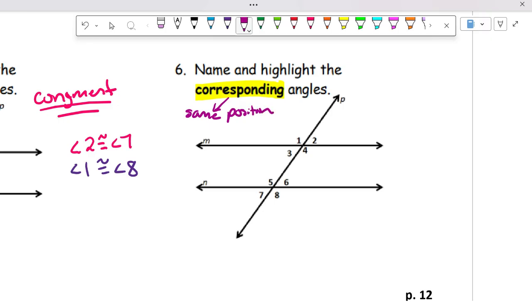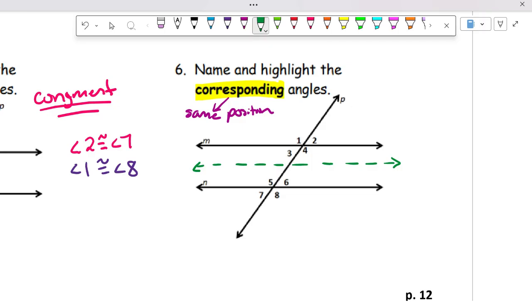So, how I like to describe this is, let's say we drew an invisible break between the two parallel lines. If we look exclusively at each parallel line individually, there's 4 angles formed. The corresponding angles would be the angles that are in the exact same spot between the two.